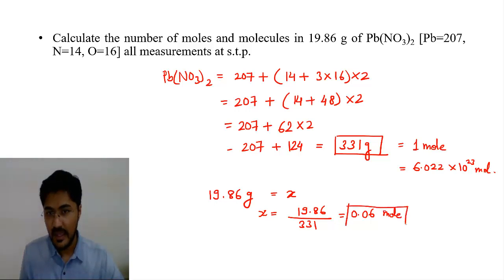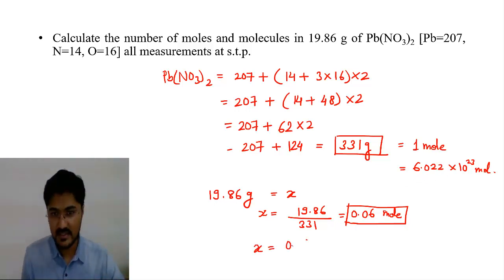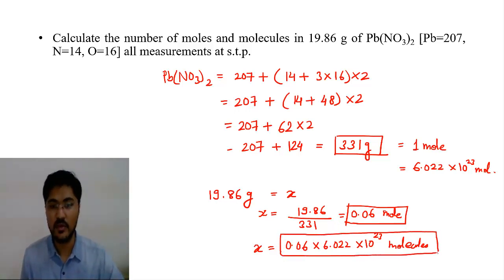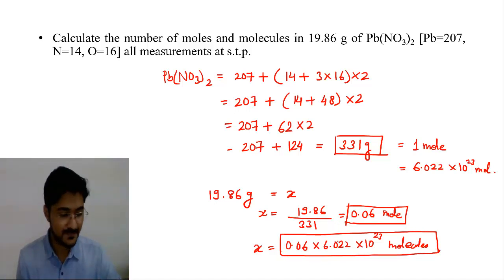Similarly, when we calculate the number of molecules, it is 0.06 × 6.022 × 10^23 molecules, as 1 mole contains 6.022 × 10^23, so that fraction is multiplied by the number of molecules in 1 mole, and hence we get the answer.